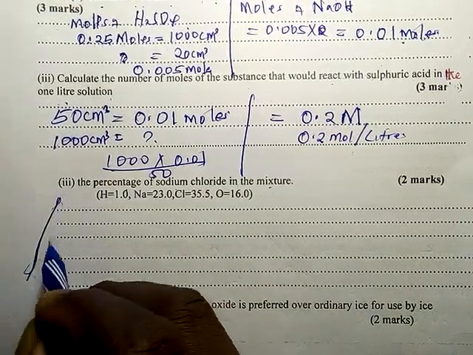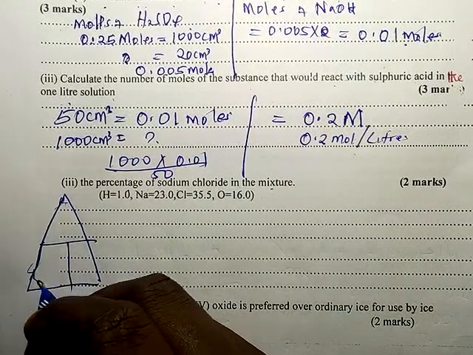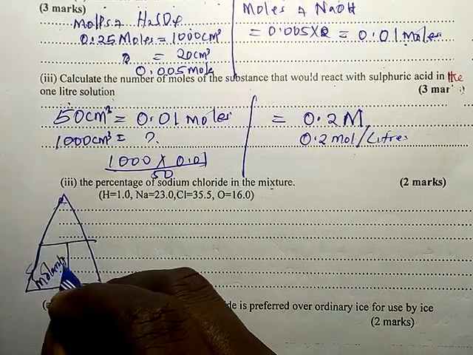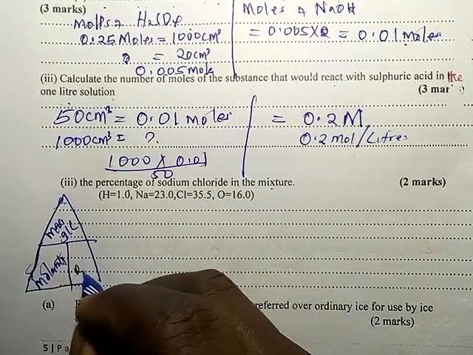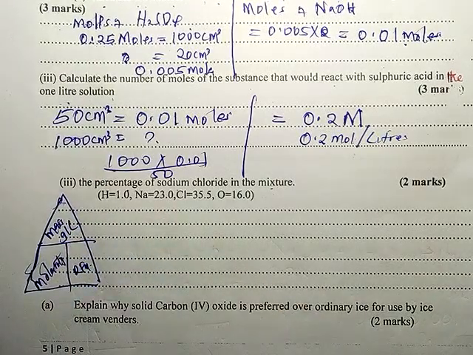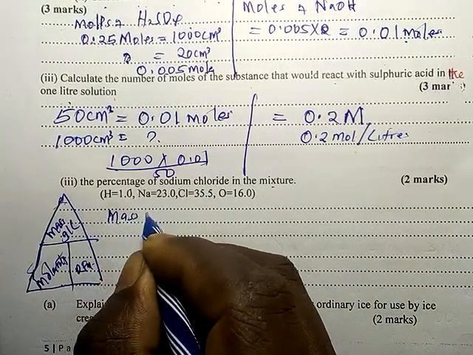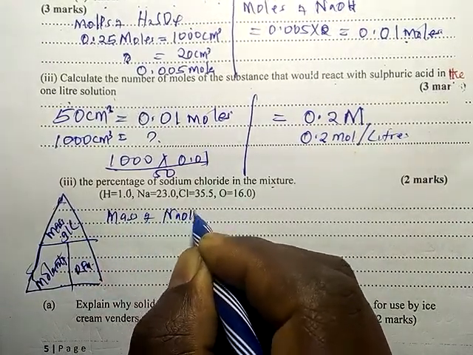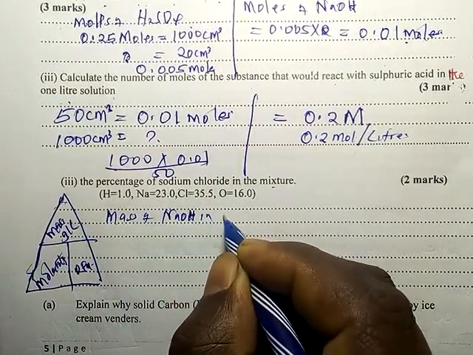I think you have seen it several times. It says molarity, mass in grams per liter, RFM. So now I want the mass of sodium hydroxide in 1 liter.